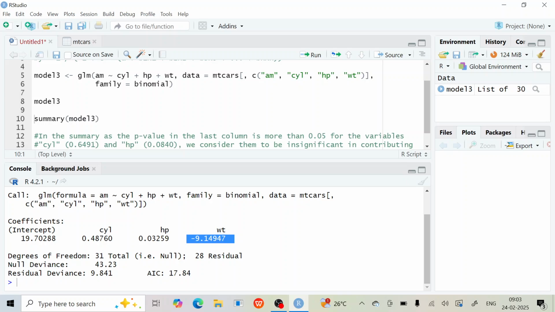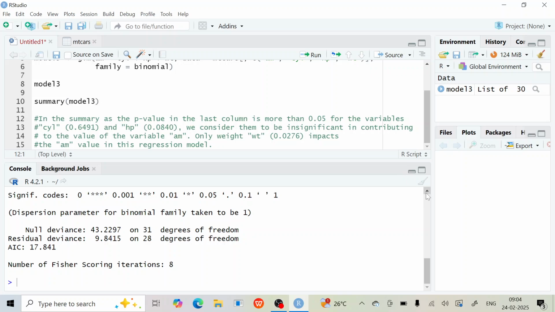That is, the values of b1, b2 and b3 are given. b1 is 0.48760, b2 is 0.03259 and b3 is minus 9.14947, and the value of a is 19.70288.